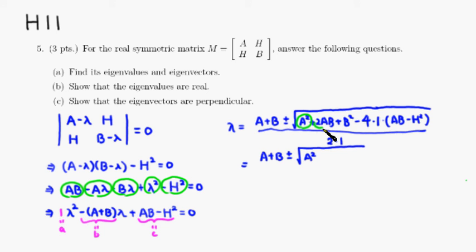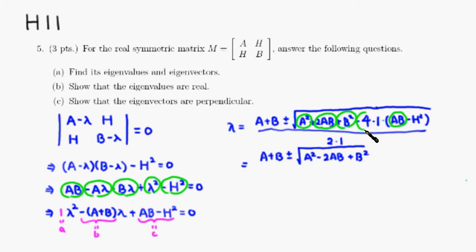And we have 2AB, and there's a minus 4AB, so it's going to be negative 2AB. And then you have plus B squared.